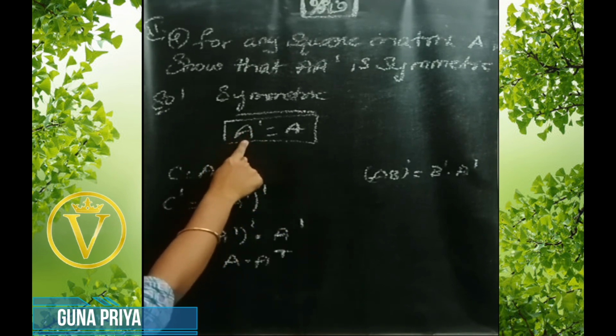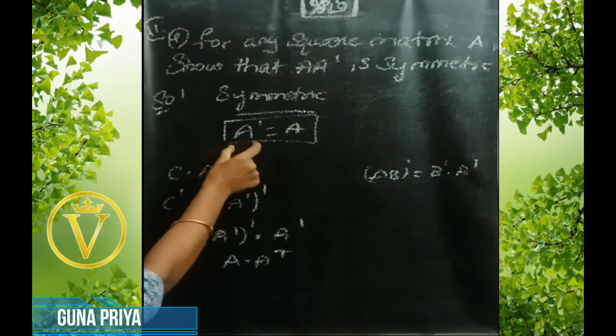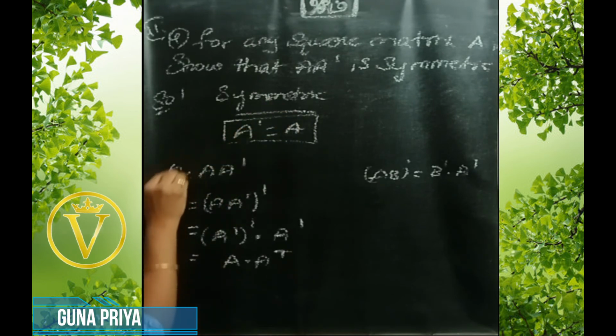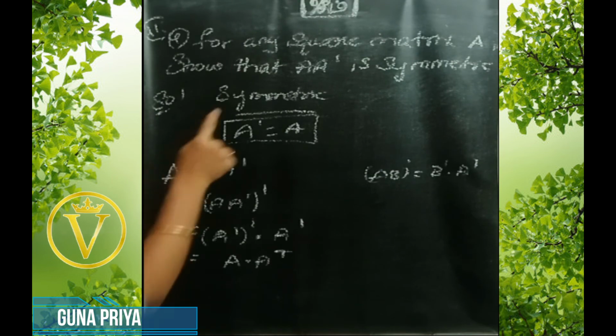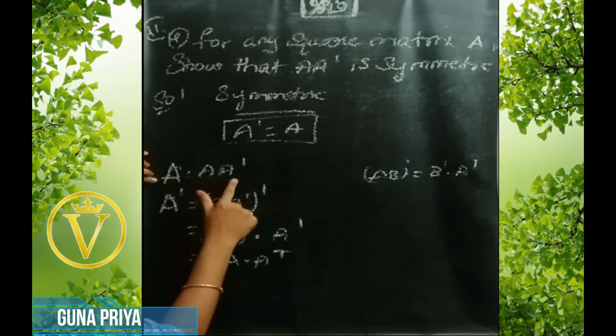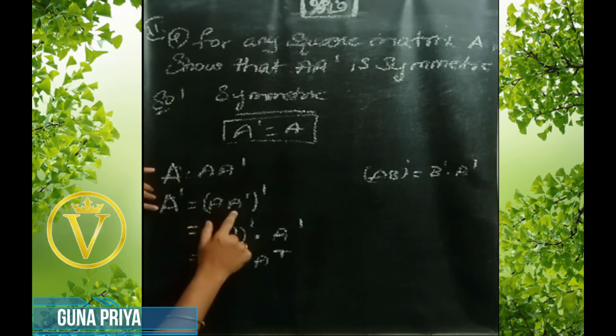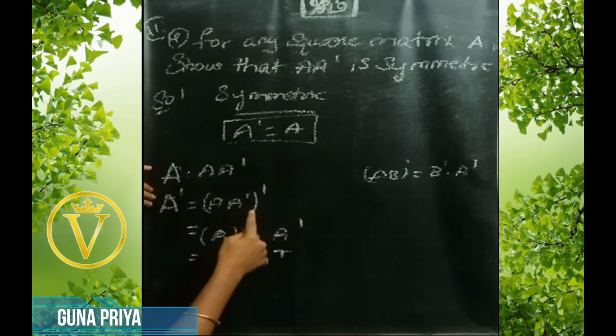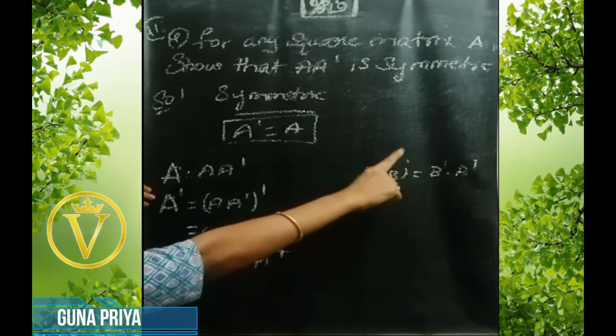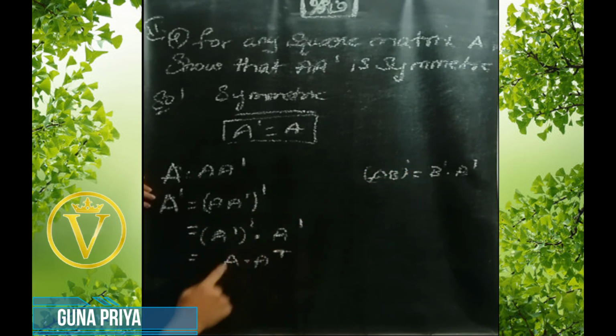Let's think this is the A they given. Let's think the given matrix as A transpose. Here to get A transpose whole transpose, we know that AB whole transpose is B transpose A transpose. That's it.